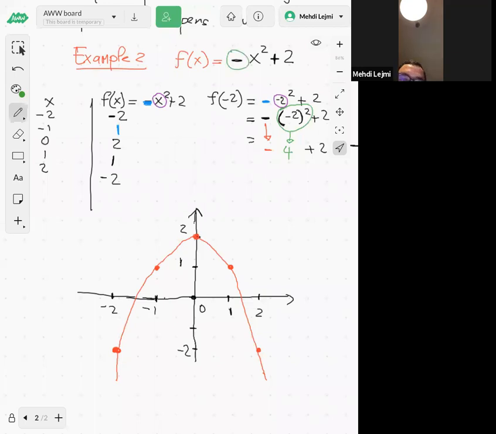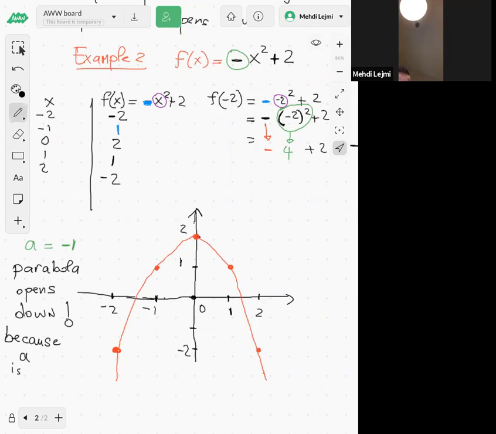A is -1 here. AX squared plus BX plus C. So A is -1. So because A is negative, then the parabola opens down.